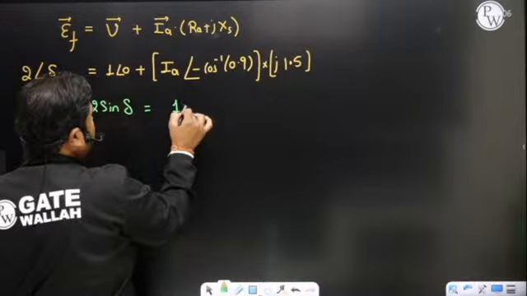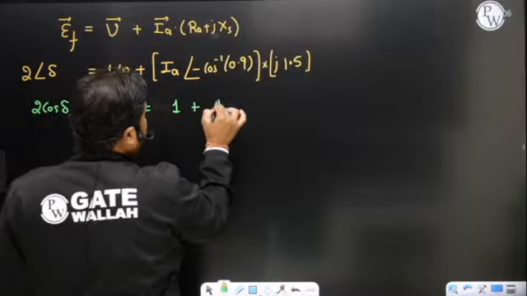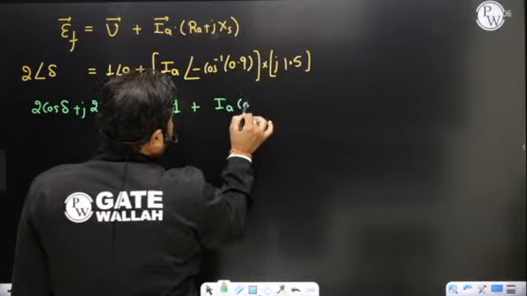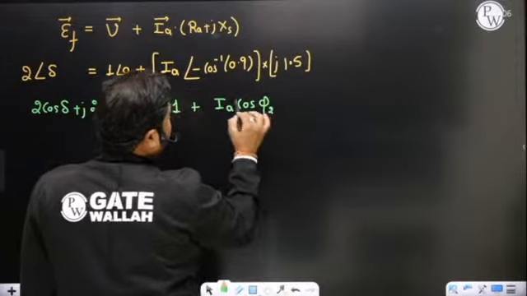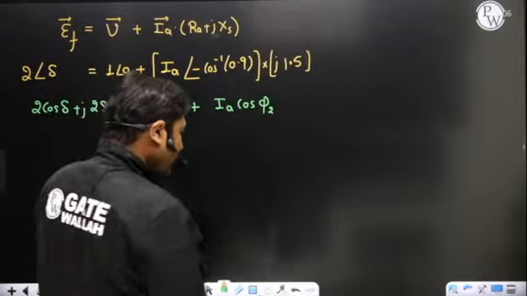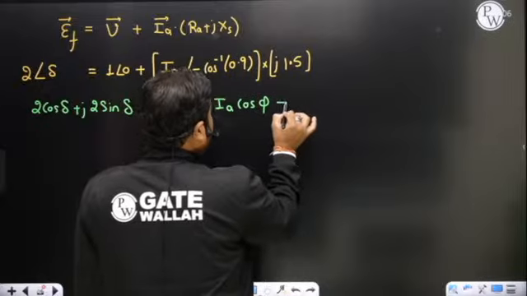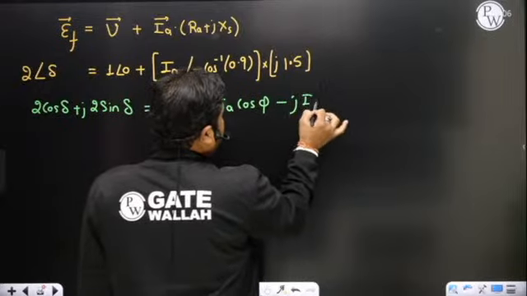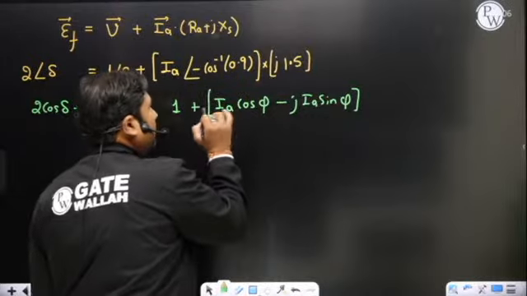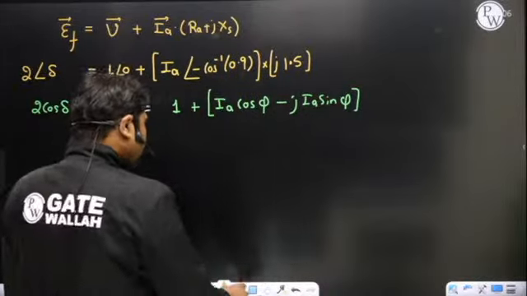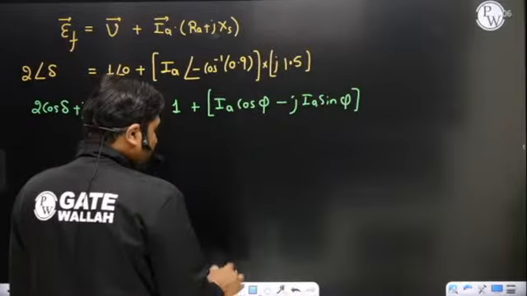So 1 plus IA cos of phi, where phi is the load power factor angle, minus j IA sine of phi, where phi is cos inverse 0.9.